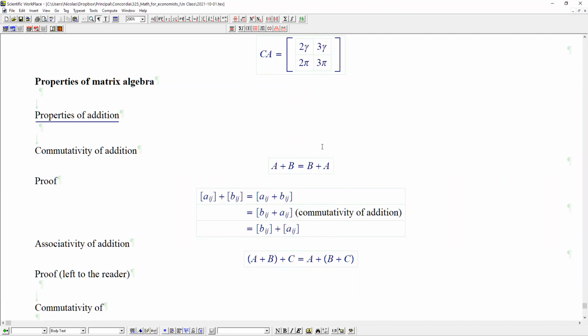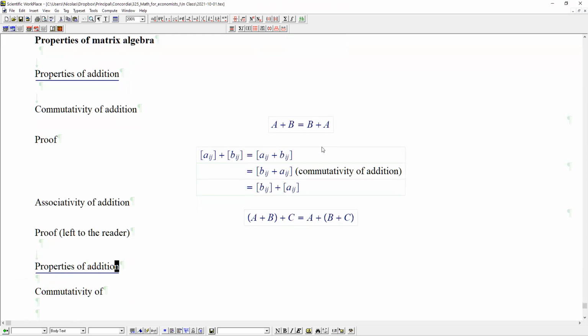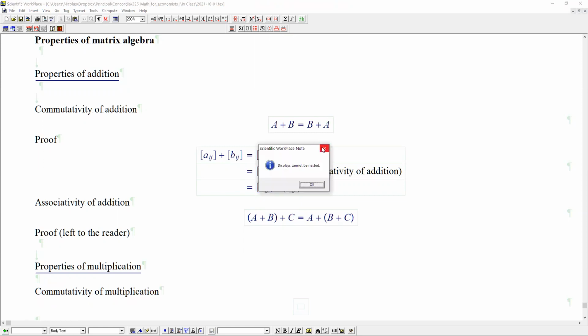Commutativity of... yeah, so now it's properties of multiplication. A, B. Okay.